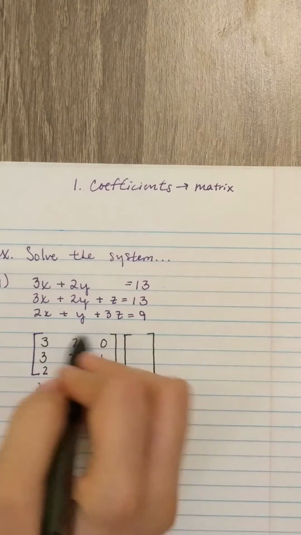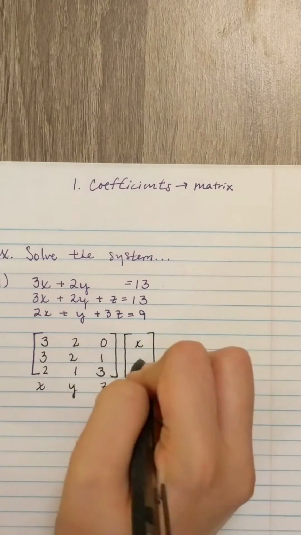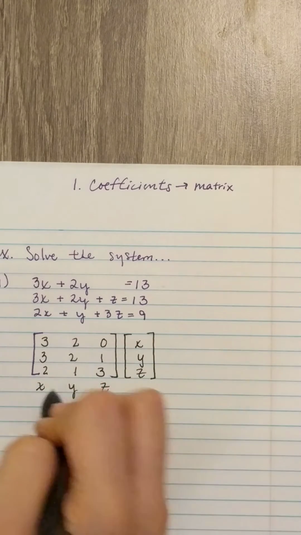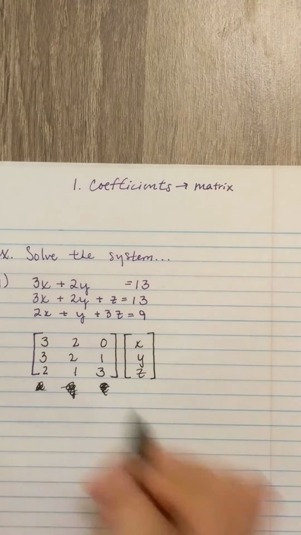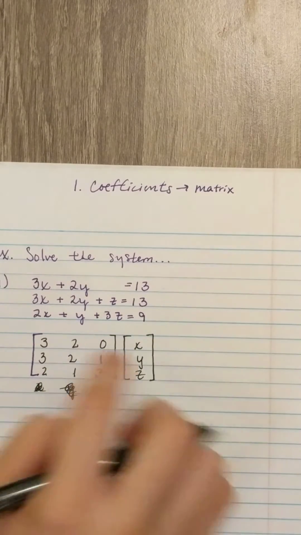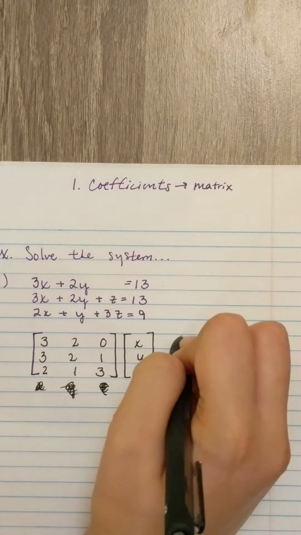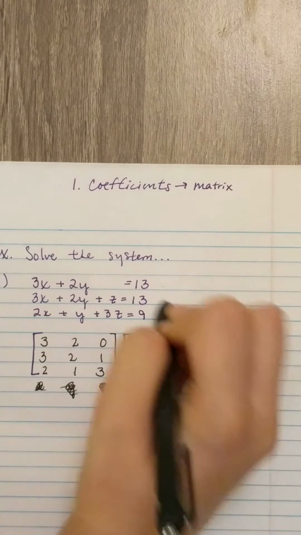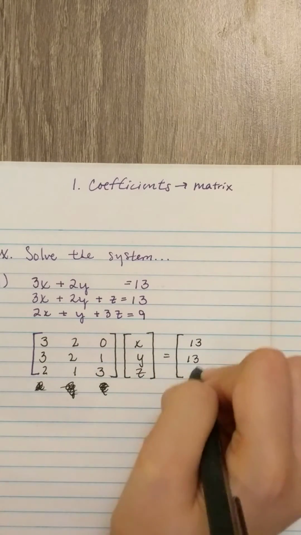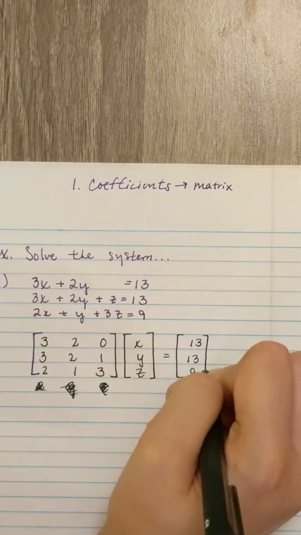And I'm multiplying my coefficient matrix by my variable matrix, x, y, z. I just had that there for reference. So I'm multiplying this, and when I do, I get 13, 13, and 9.